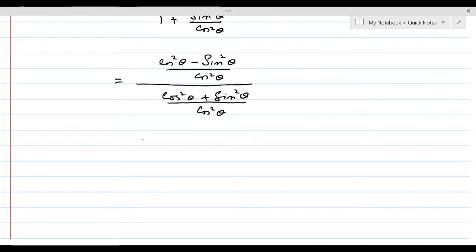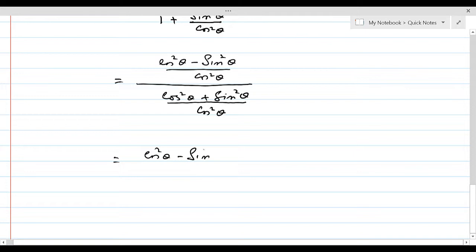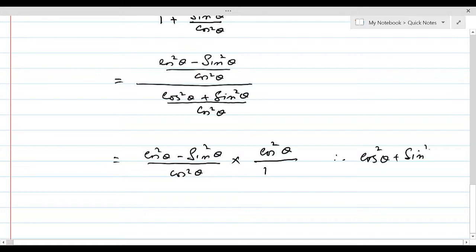So this will give us cos square theta minus sine square theta divided by cos square theta times, reciprocating the denominator, cos square theta divided by 1, because again cos square theta plus sin square theta is equal to 1.